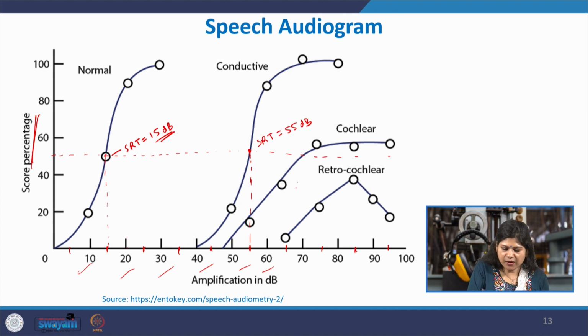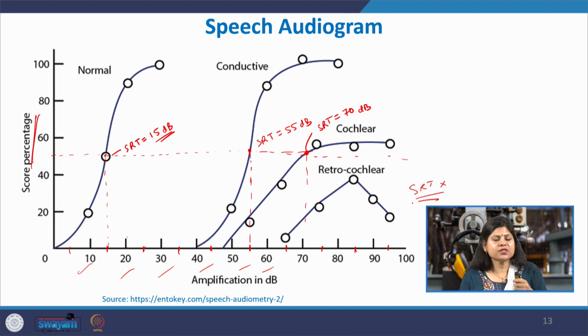And in the same way, for this graph, if I do a straight line, this becomes an SRT of 70 dB, and in the same way over here the SRT is obviously not found. So, different curves give you different patterns of hearing loss that has happened.